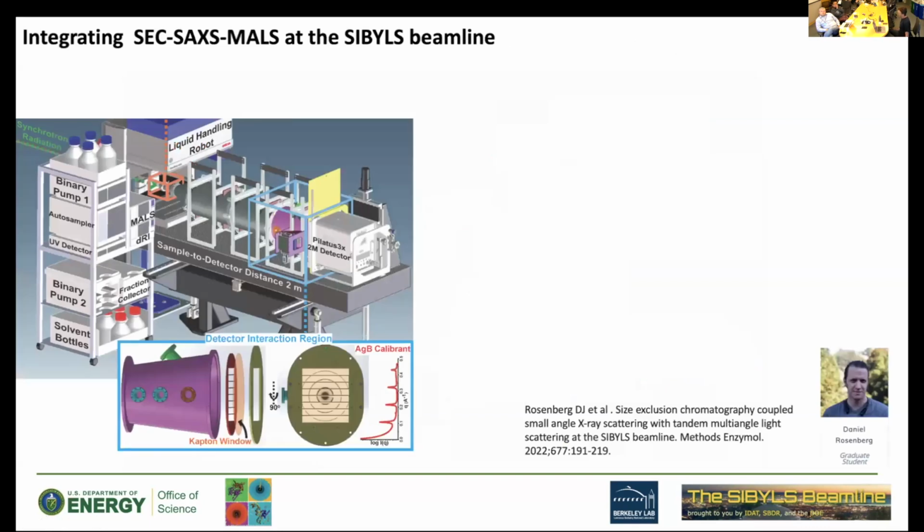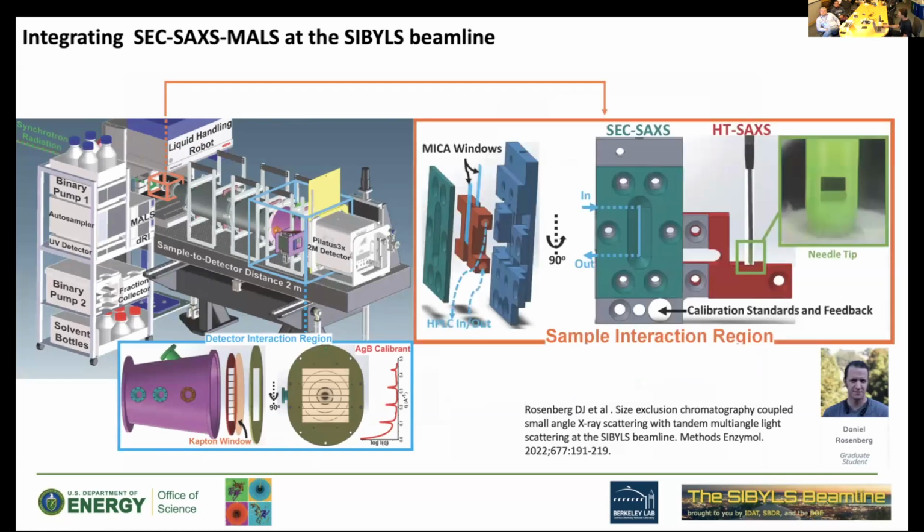We developed at the SIBYLS beamline size exclusion coupled SAXS and MALS. You will see the tour during the lunch break. This is our fly tube detector, where here's the liquid handling robot that collected the high throughput data. I think Greg showed this slide, so I'm going to skip this.